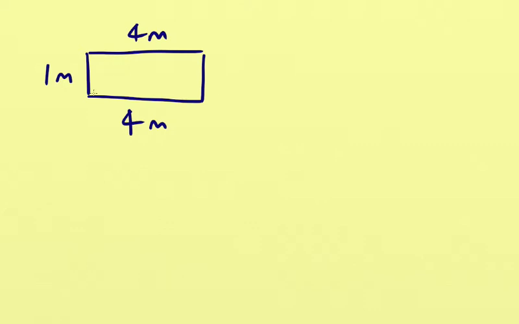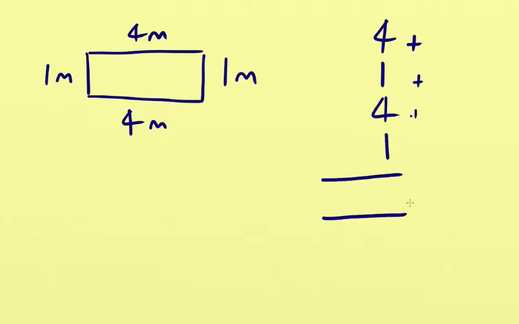And this length's going to be the same as this length, which is also going to be 1 meter. So we've got all the dimensions on there. So definition of perimeter again, it's the length all the way around the outside edge of a shape, so we need to add all these together. So we're going to have 4, add 1, add 4, add 1. And if we add those together we get 5 and we get 10 meters.